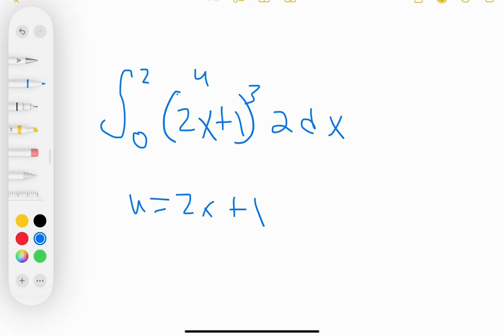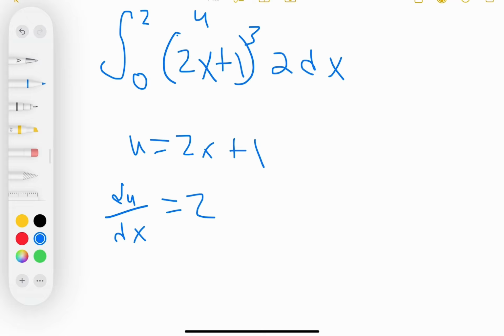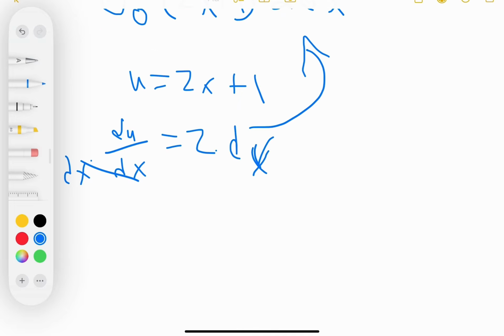Then du/dx equals 2, really, so du equals 2 dx. Oh, and look at that, they both match. So 2 dx can be replaced with just du.